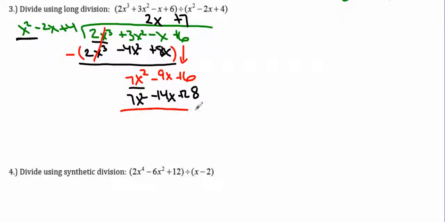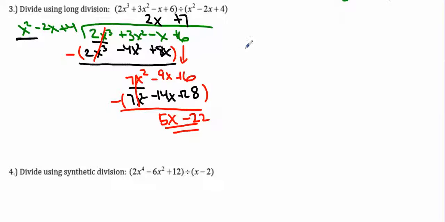Then I'm going to subtract. First terms cancel. Negative 9x minus a negative 14x is a positive 5x. 6 minus 28 is negative 22. Since there's nothing else to bring down, that is my remainder.